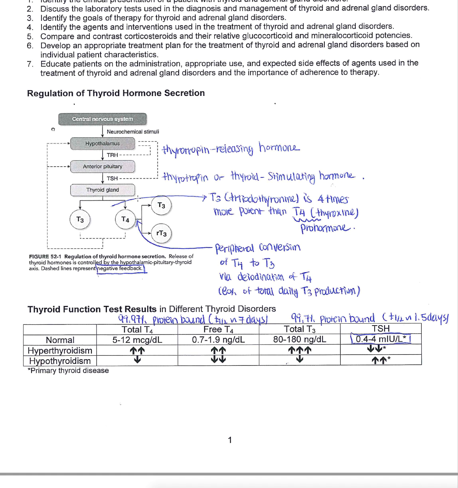There are two forms, T3 and T4. T3 is known as triiodothyronine, and T4 is thyroxine.